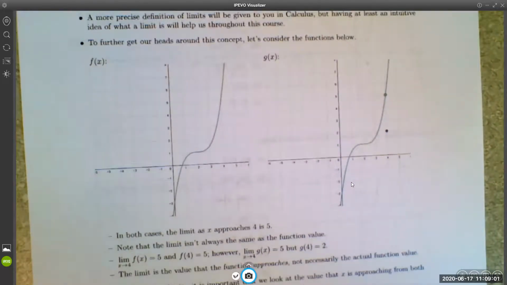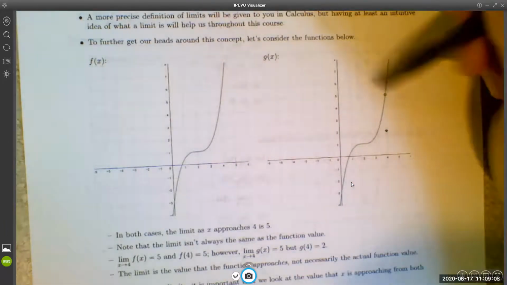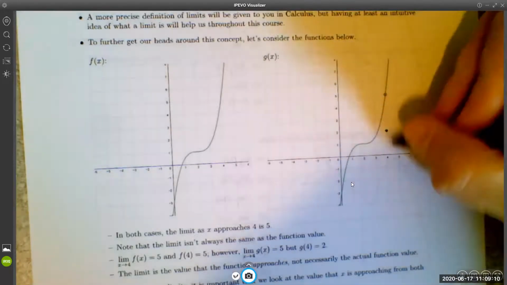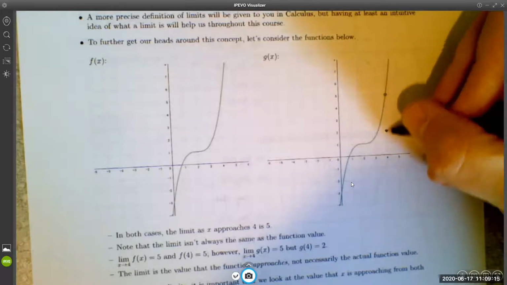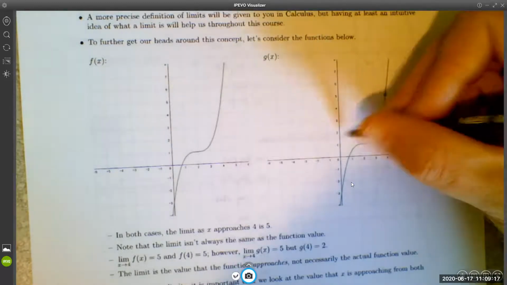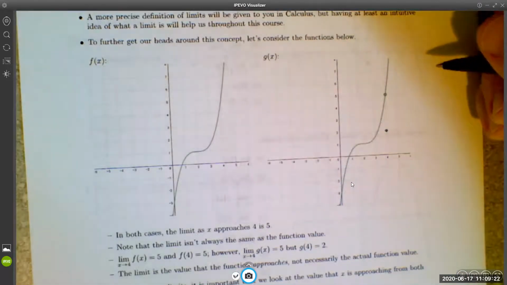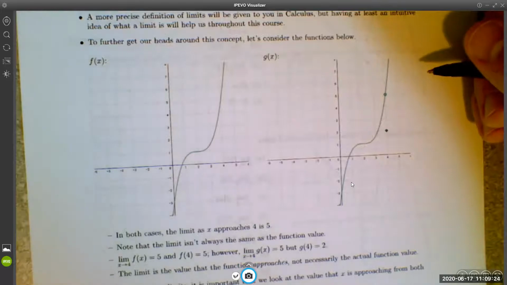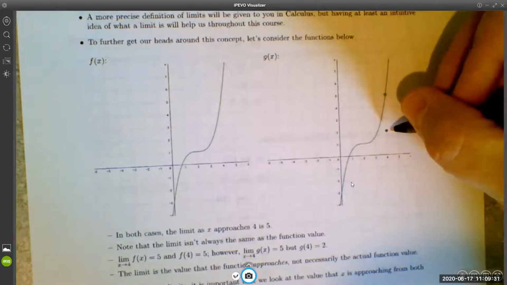To give you an example of this idea, let's take a look at these two functions. They're pretty much identical, except that g of x has a little piece missing at x equals 4, and instead the function value at x equals 4 is 2. So what the concept of the limit is trying to capture is that the function value may not be the value that you expect the function to approach, right?